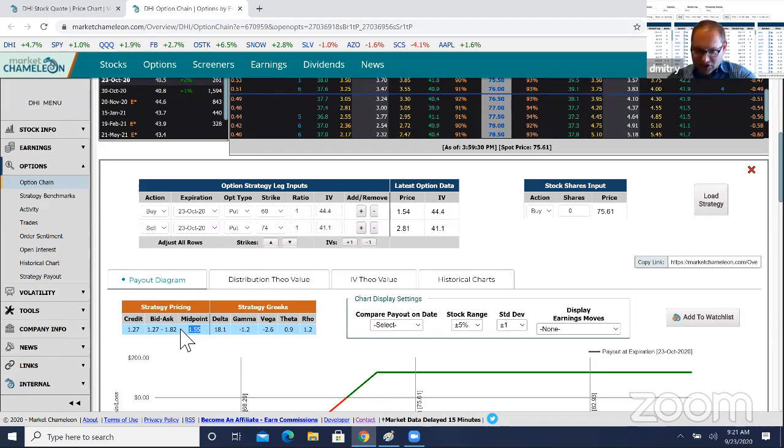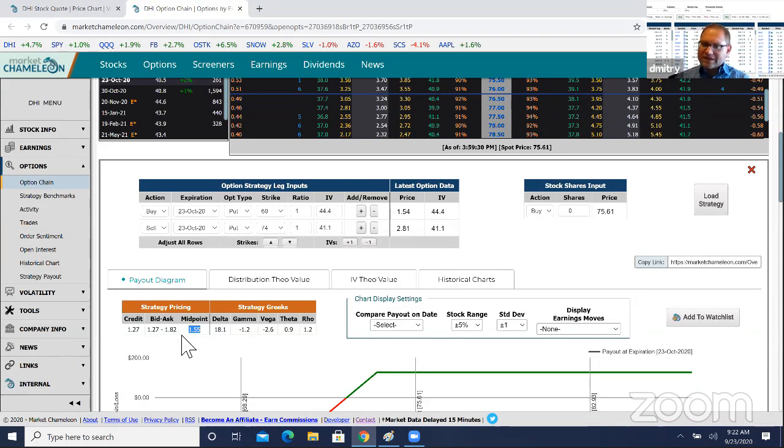Just take a look at the midpoint to the bid. What is that? Almost 20 cents, 18 cents, something like 17 cents. So that's actually 6, 7, 8% getting into your profits, right? That's the fee to execute.